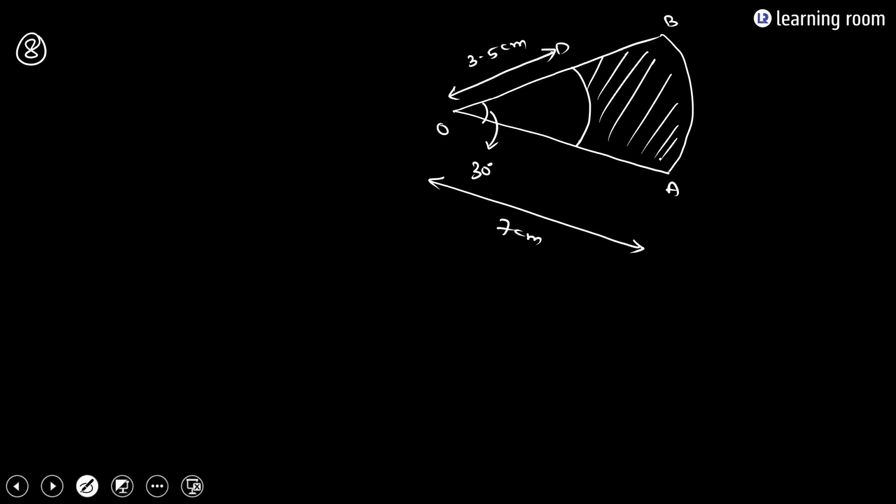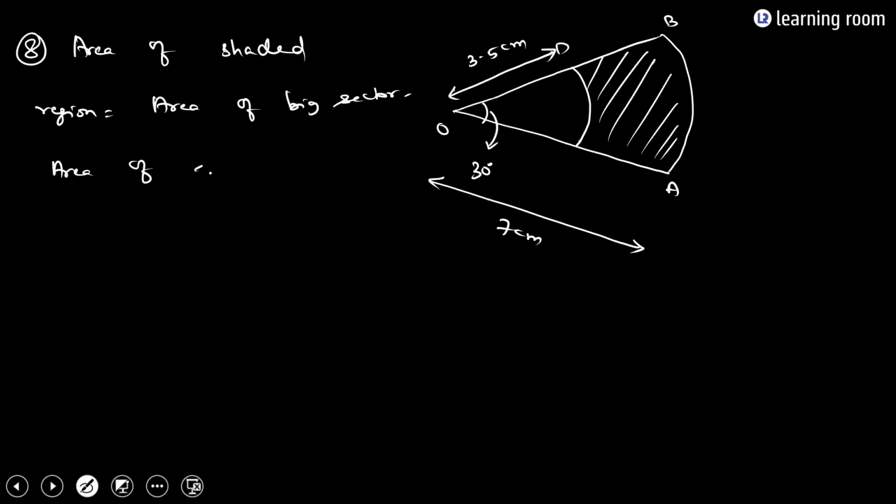So how to find the area of shaded region? Area of big sector minus area of the small sector.